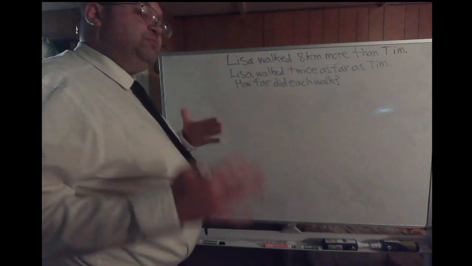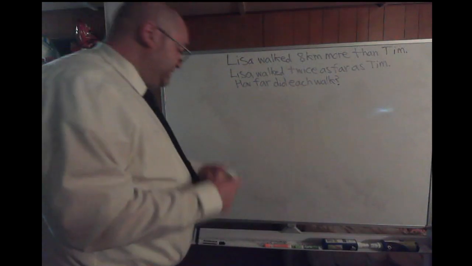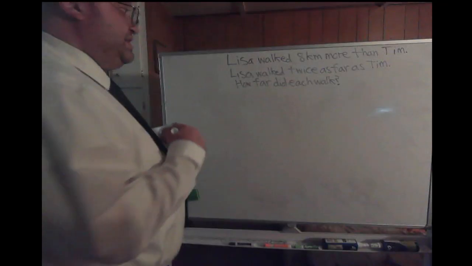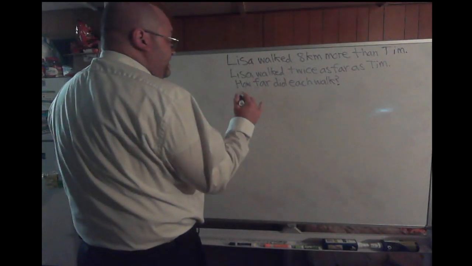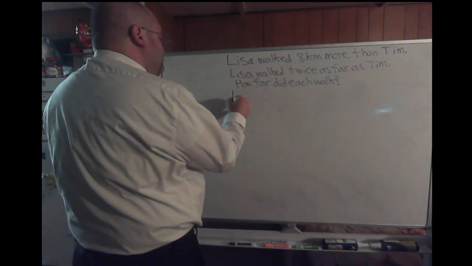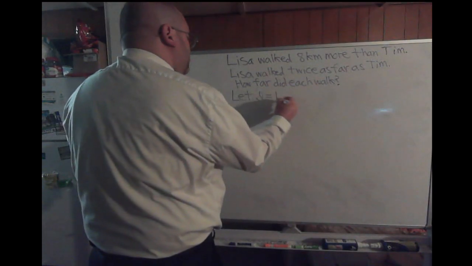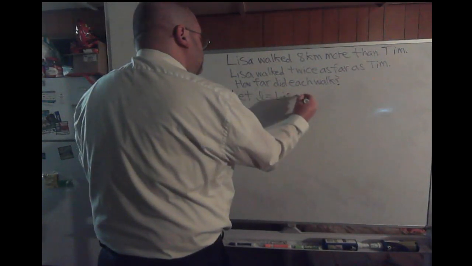So this is a little bit different because it doesn't give you the total distance. Nonetheless, the process will be the same, for the beginning at least. We're going to use some let statements. We'll let L equal Lisa's distance.